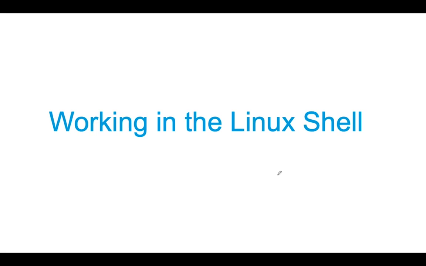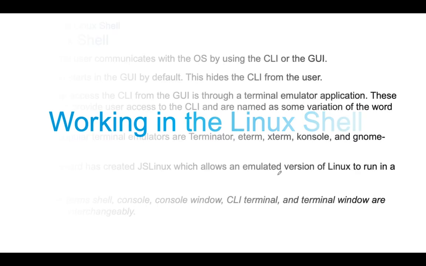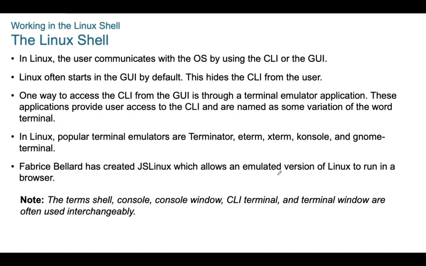To do this, as we know, in most cases these operating systems work on the command line. So let us talk about working with the shells, or the consoles, or the terminals as we call them. As we said, Linux users communicate with the operating system through either the CLI or graphical user interfaces.